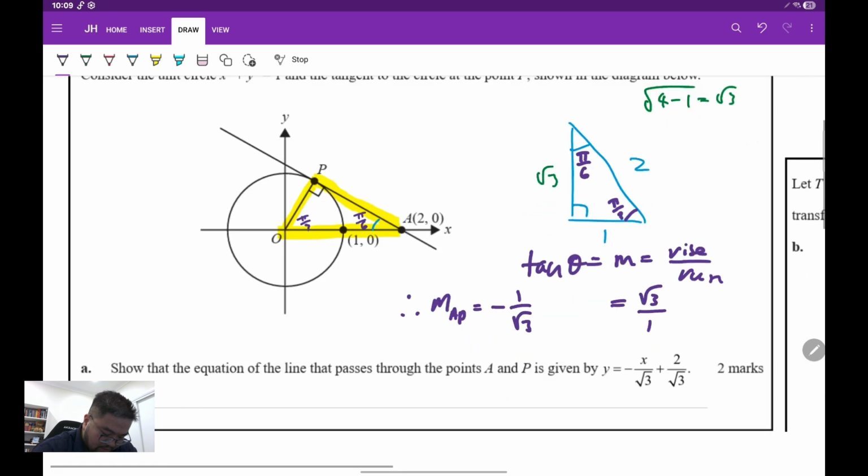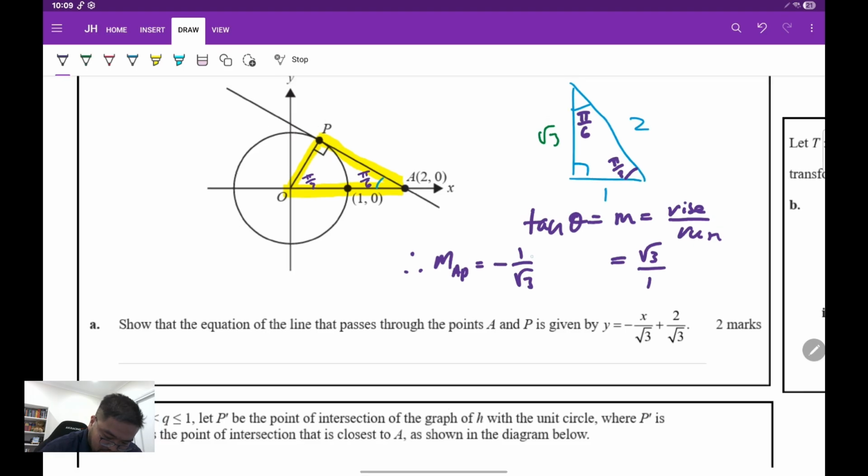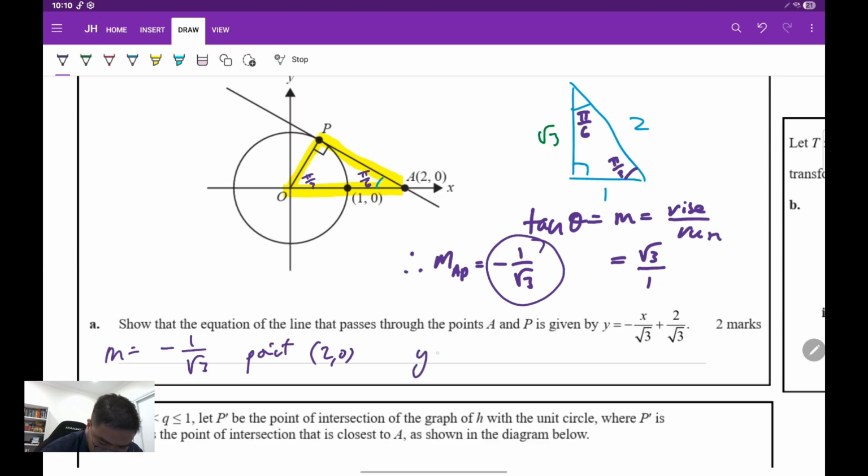let's answer the question. It says show that the equation of the line passes through that particular point. So we've got our gradient, we've got a coordinate, so m is equal to negative 1 on root 3. Point is 2, 0. So we've got y equals mx plus c.